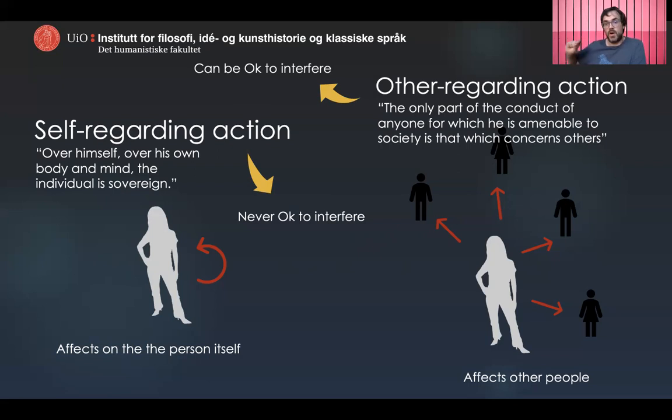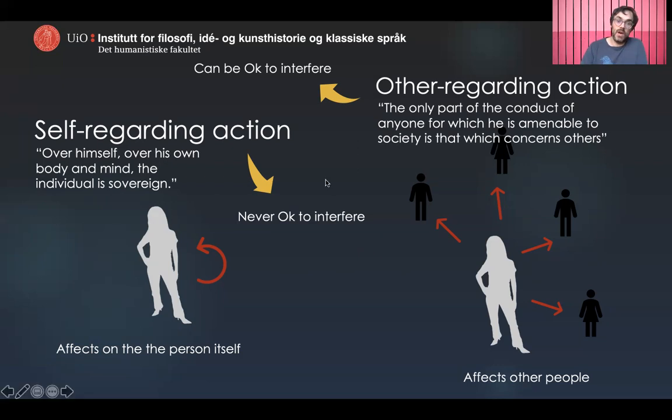"The only part of the conduct of anyone for which he is amenable to society is that which concerns others." So this is the only part that we're going to look at, insofar as the action affects others. You might then think one way to read the harm principle is: the state has a right to interfere with your liberty insofar as your action has any effect on others.